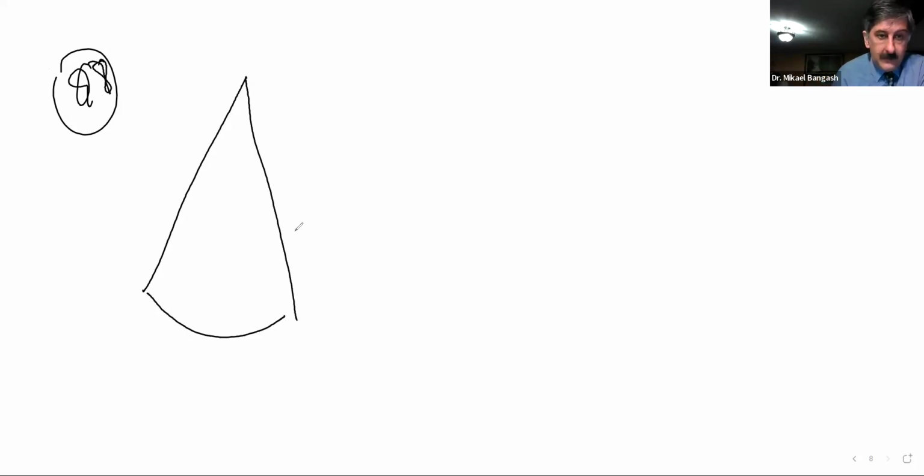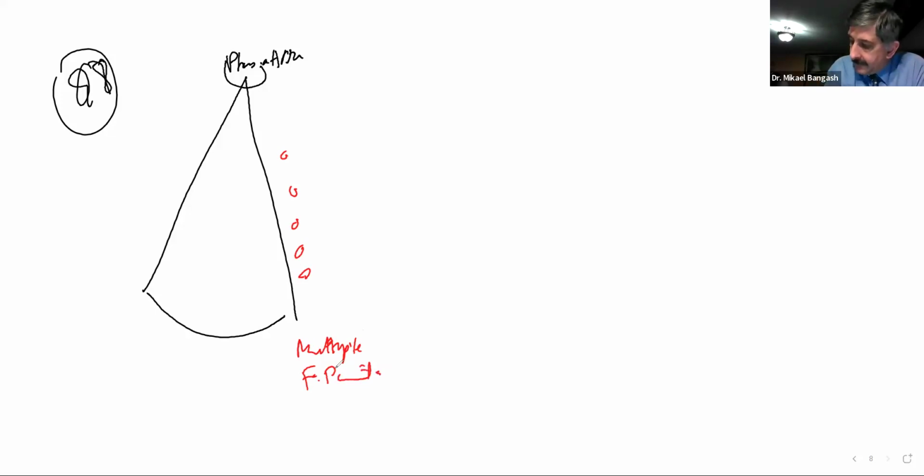What they mean here is that they were using a phased array, which enables you to focus at multiple points. Did that make sense? So the sonographer turns off the multifocus.